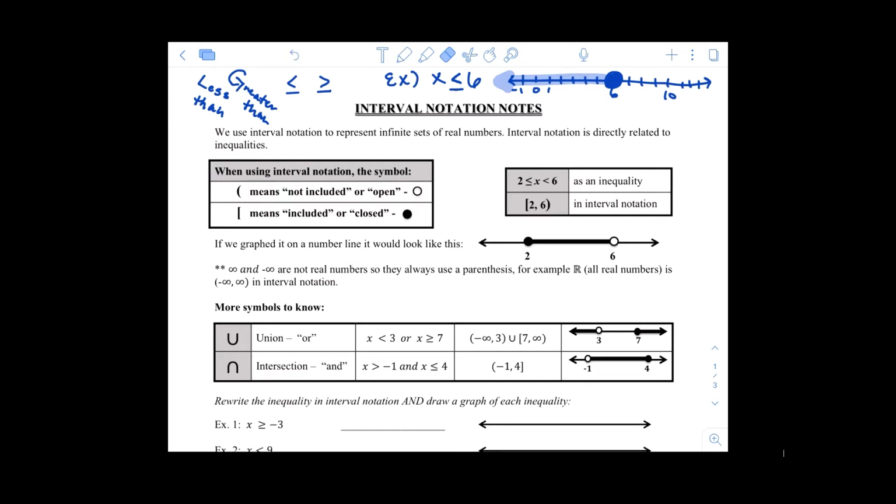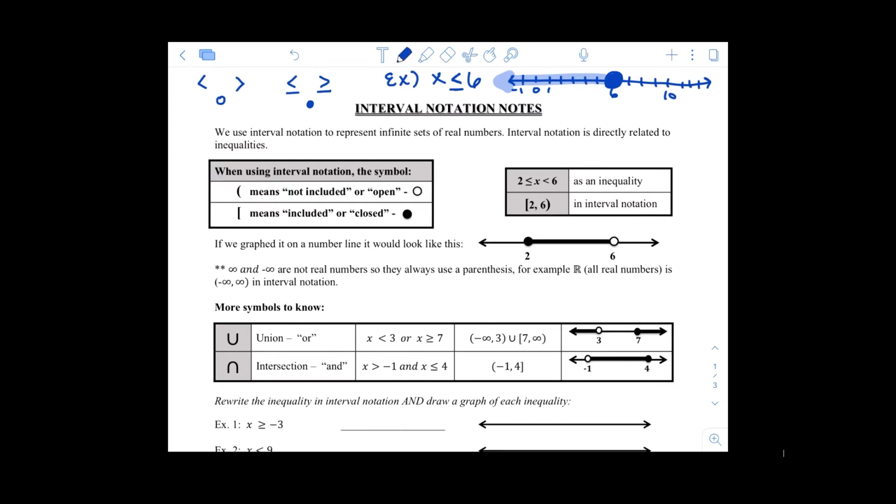So, quick refresher: less than and greater than are open. Less than or equal to, or greater than or equal to, are closed. Taking what you remember from inequality notation and transferring it to interval notation is just as simple.